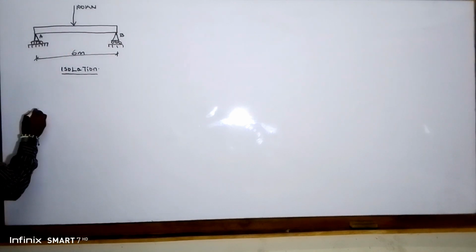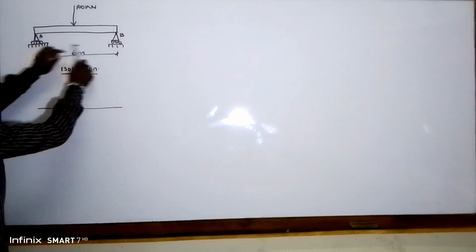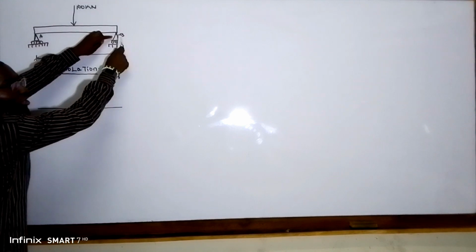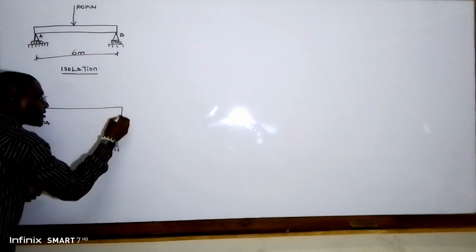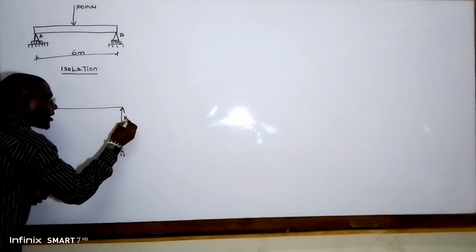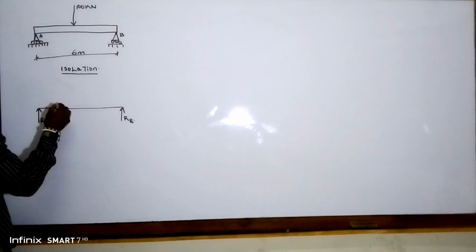This beam, we isolate it like this, as a bar. This is simply supported at point A, and it is also simply supported at point B. So the notation for simple support is like this. We have reaction at A and reaction at point B. And this our point load is at the center.